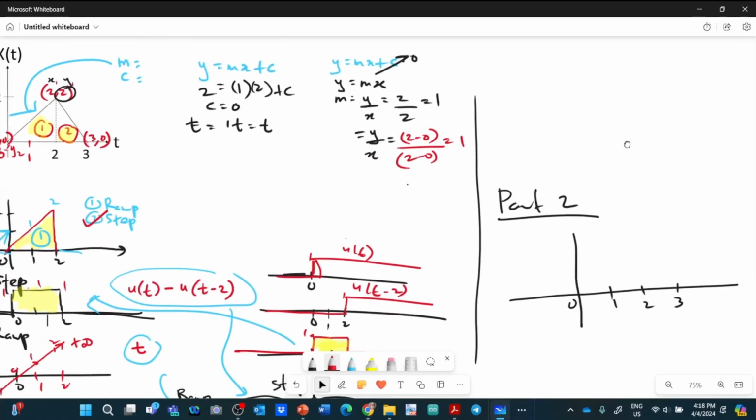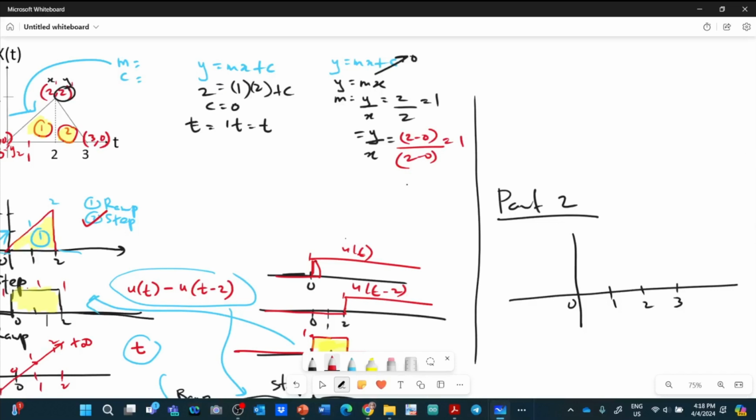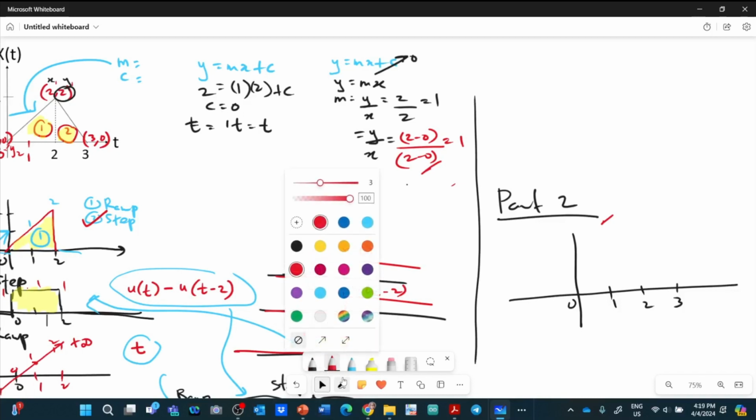Okay. Okay, part 2 adalah mana saya punya ni? Okay. Mana pula pergi dia ni?